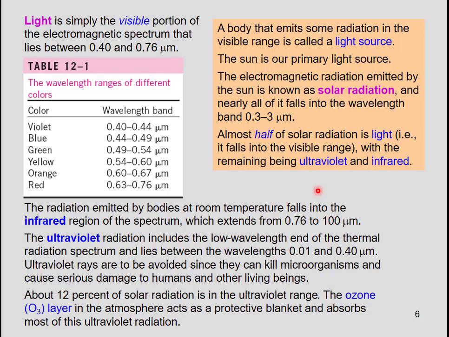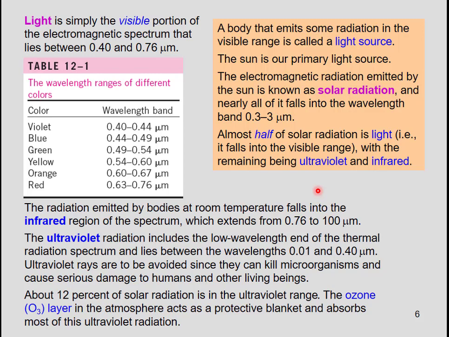And this light, which we can see, consists of different colors, but the wavelengths for the different colors are different.